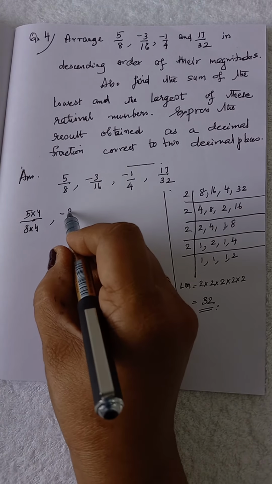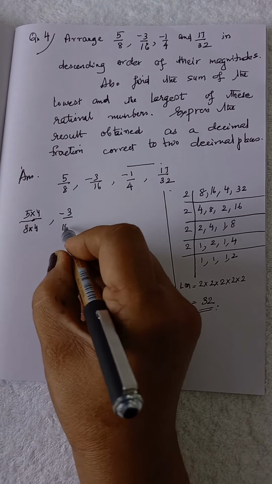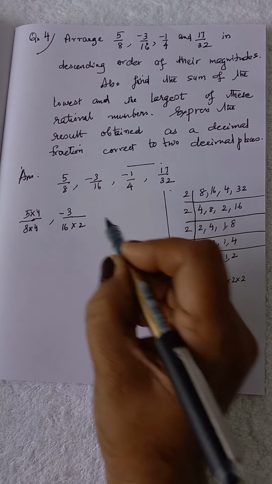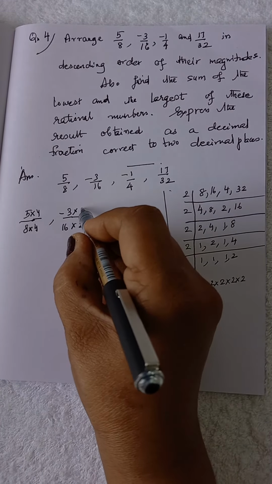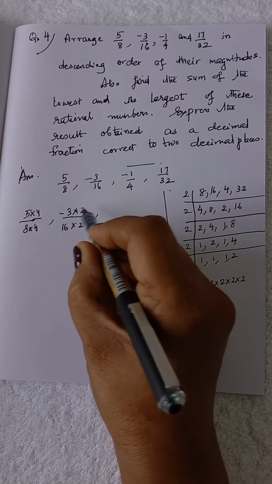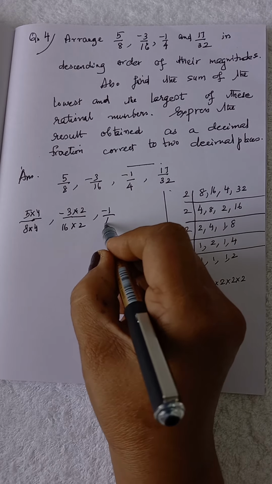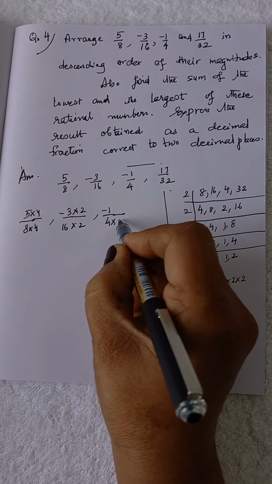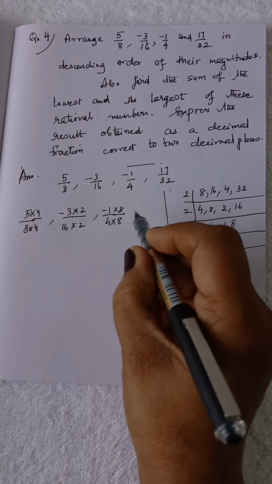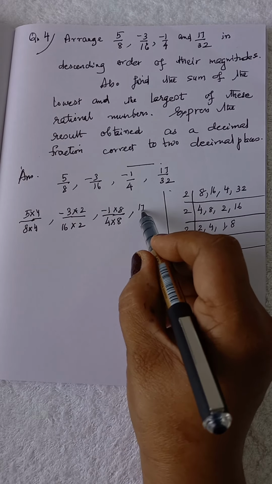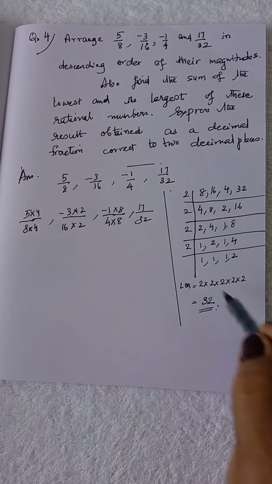Then second rational number is minus 3 by 16 into 2 we have to do. So into 2 in the numerator also, then minus 1 by 4 into 8, into 8 in the numerator also, 17 by 32. 32 is the same.